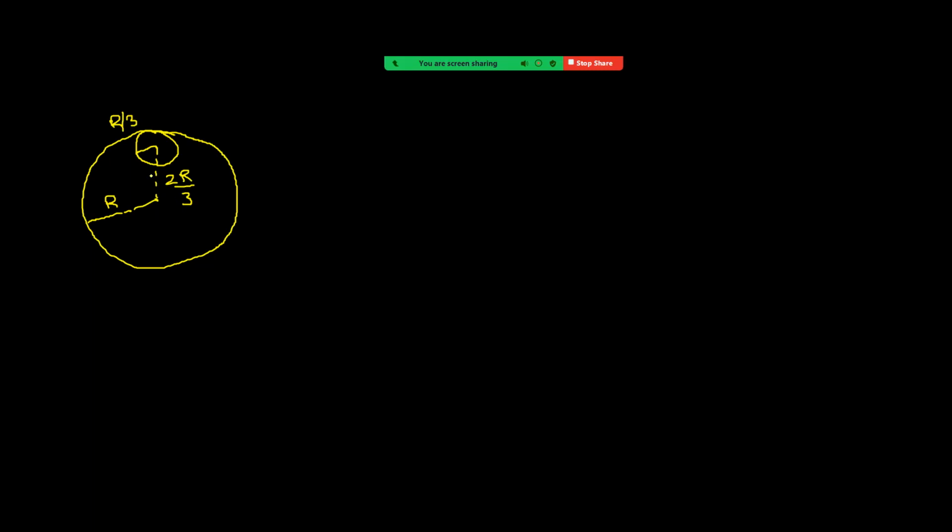And what else is given here? Its initial mass, the original mass 9m. Okay. This is point 2. So here the main key point is, first we are finding the moment of inertia before removing.